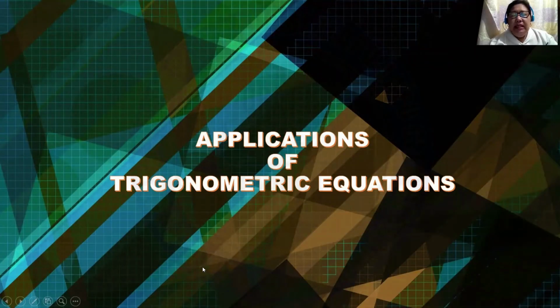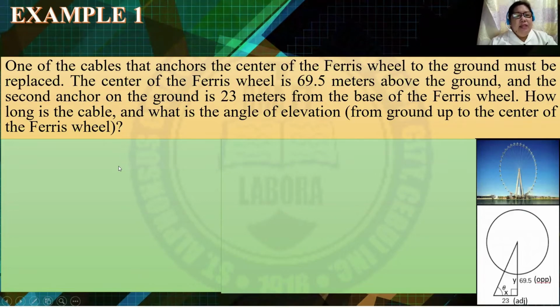Next, let us have the applications of trigonometric equations. The problem is, one of the cables that anchors the center of the Ferris wheel to the ground must be replaced. The center of the Ferris wheel is 69.5 meters above the ground, and the second anchor on the ground is 23 meters from the base of the Ferris wheel.